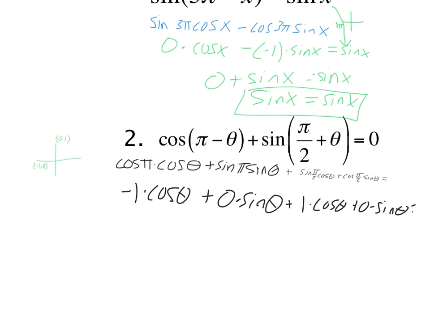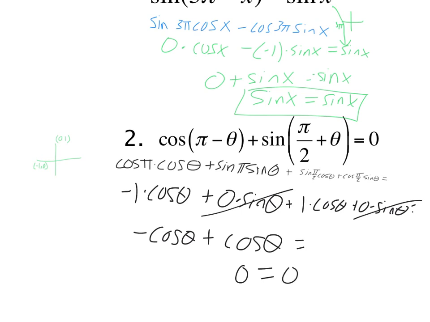Okay. So if we combine like terms, we're going to have negative cosine of theta plus cosine of theta. 0 times sine of theta is 0, plus 0 times sine of theta is 0, so these just vanish since they're 0. And then we know that negative cosine of theta plus cosine of theta would just be 0, which is what we wanted the right side to equal. Okay? So we can use those formulas to also help us verify.